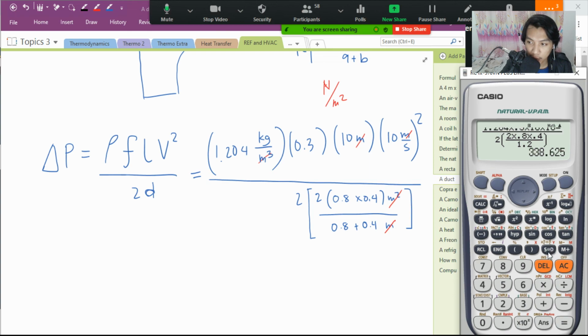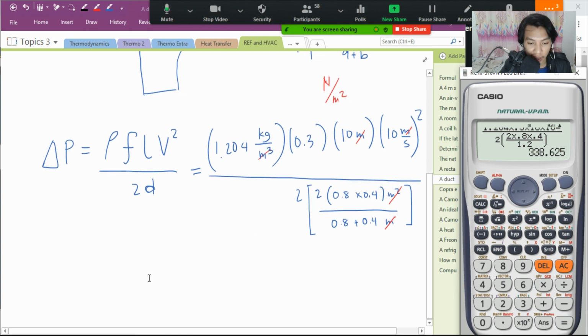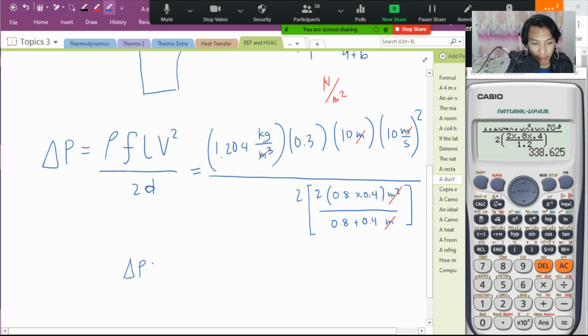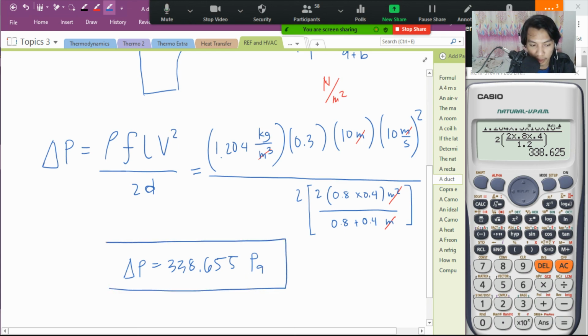So, the value for your pressure drop is 338.625 kPa. Ay, Pascals lang. Okay, that is for problem number 10. Okay, let me take a 5-minute break. And after this, let us continue with problems 11 to 15.